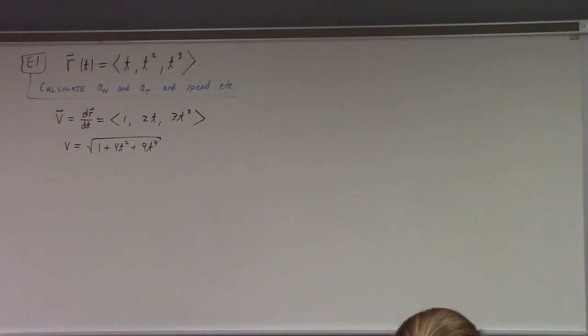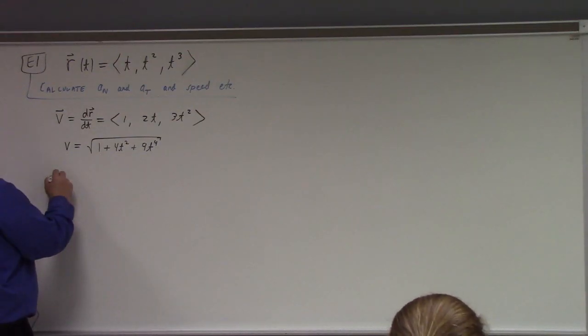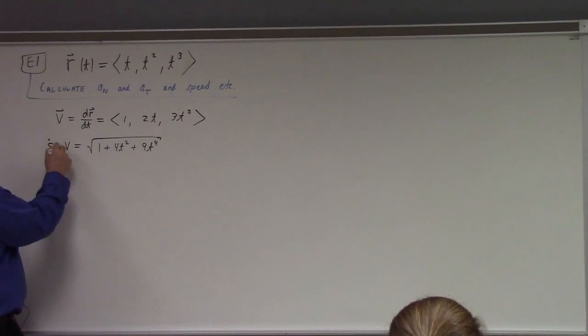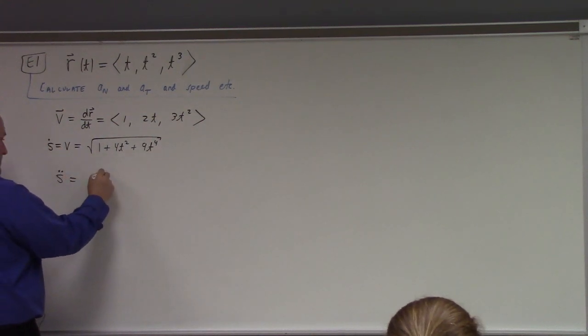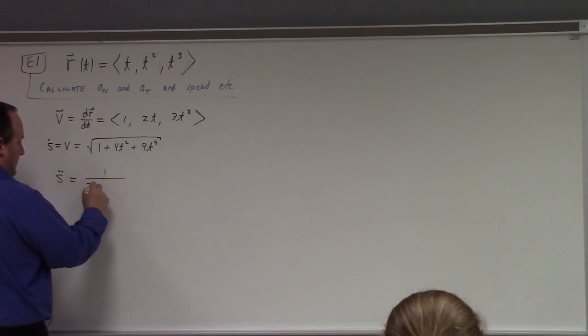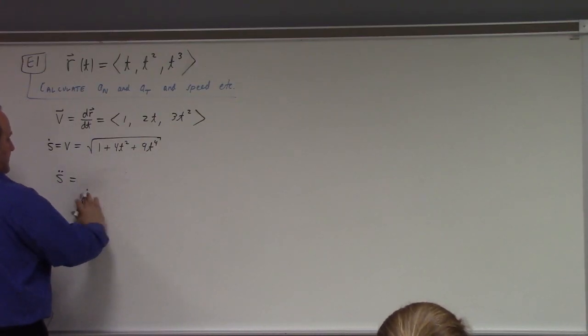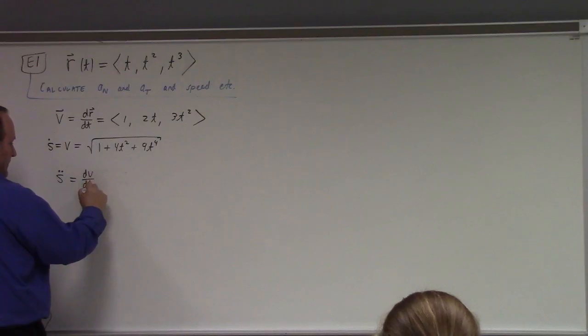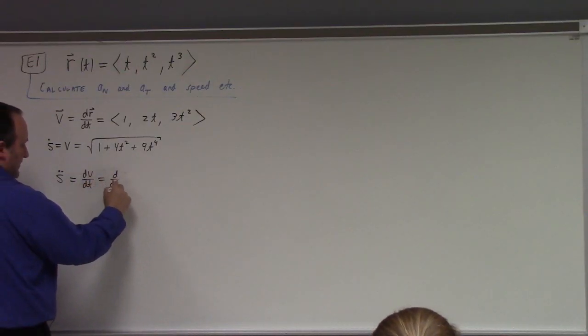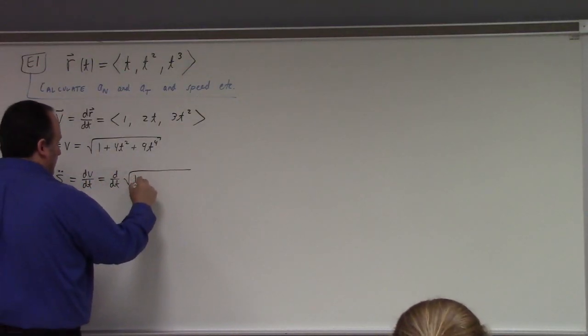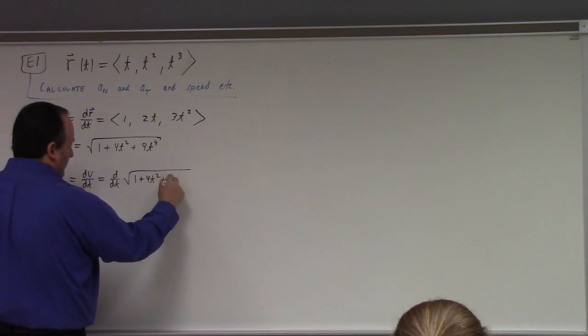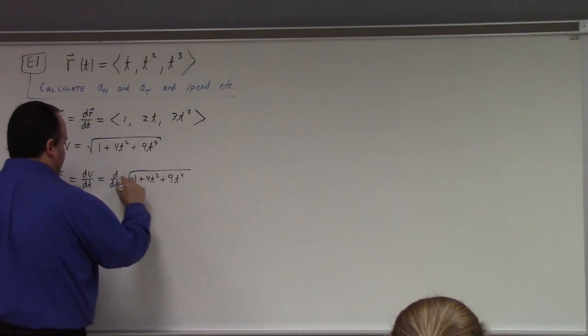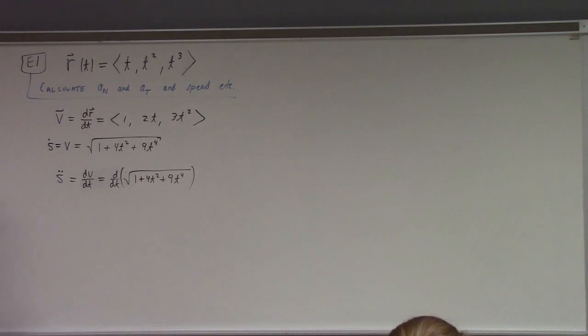So what's the tangential component to the acceleration? Well, s double dot. By the way, this is s dot. So s double dot is 1 over 2 times the square root, fine, I'll write it down. It's dv/dt, which is explicitly d/dt of the square root, which is unpleasant, but we can do it.